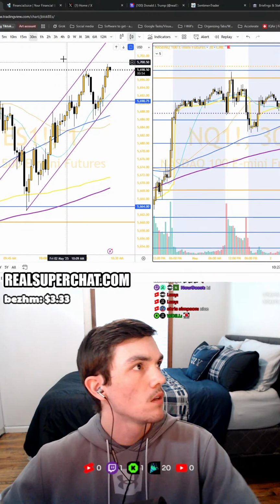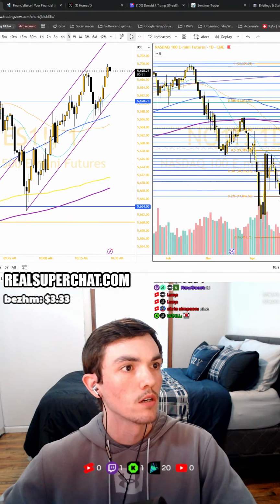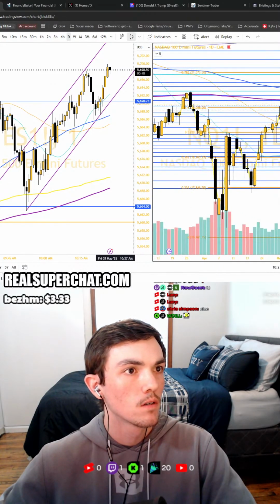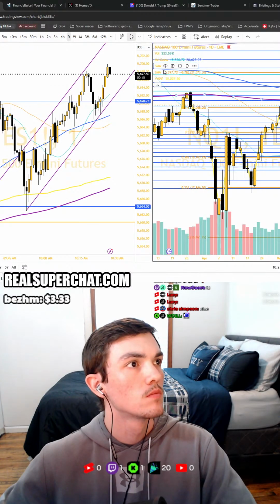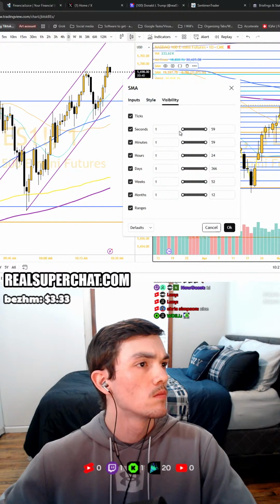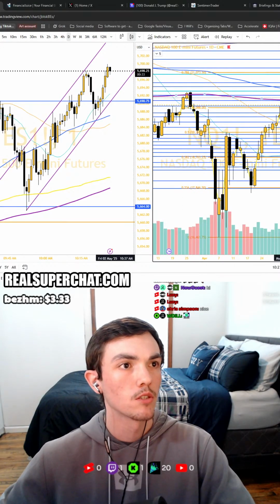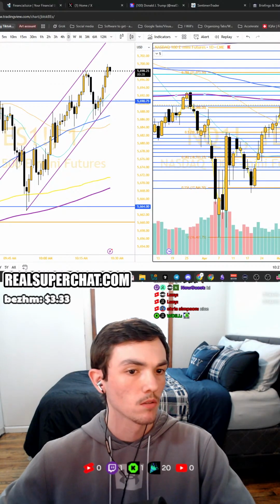Zoom out a little bit. Better idea. Forgot what SMA that was. That's the 200-day SMA. It might be trying to reach that. Time is up.